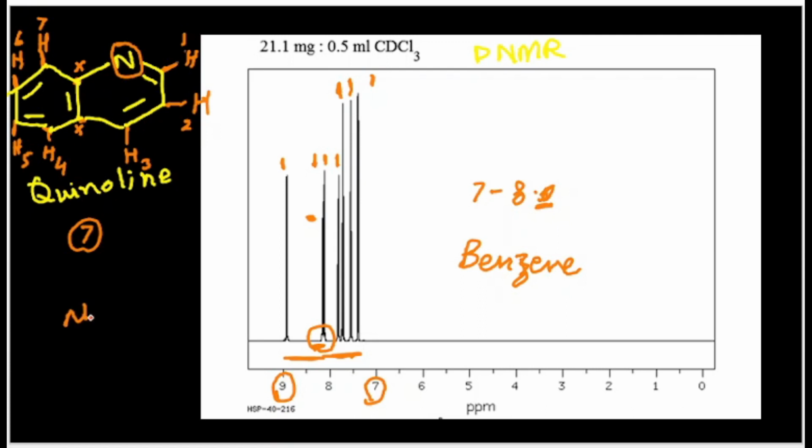Whenever nitrogen is present, it withdraws the electrons toward itself. When it withdraws the electrons, the carbon atom is deshielded, and this deshielding effect also withdraws the electrons from the carbon-hydrogen bonds toward itself, so the hydrogen here becomes deshielded.